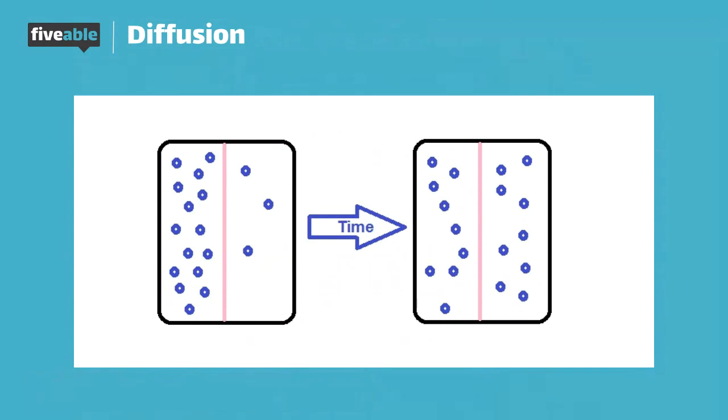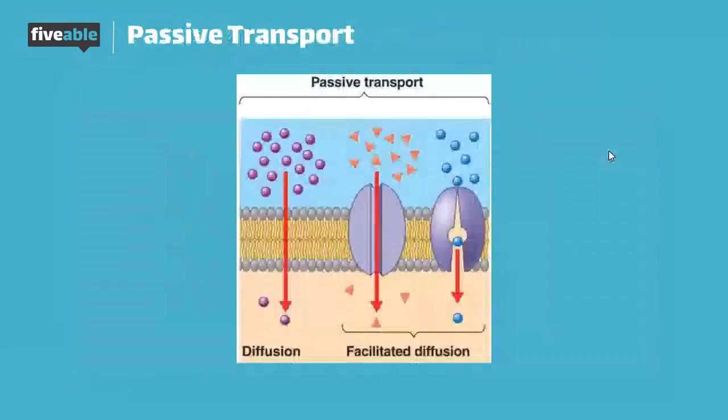That is diffusion. So my next three examples are all subsets of diffusion. Diffusion is the big umbrella that the next three types of transport and the next three vocab words fall into. Up next is passive transport.